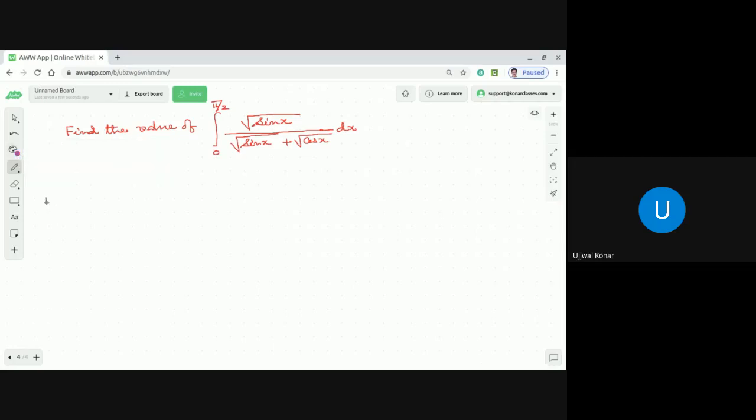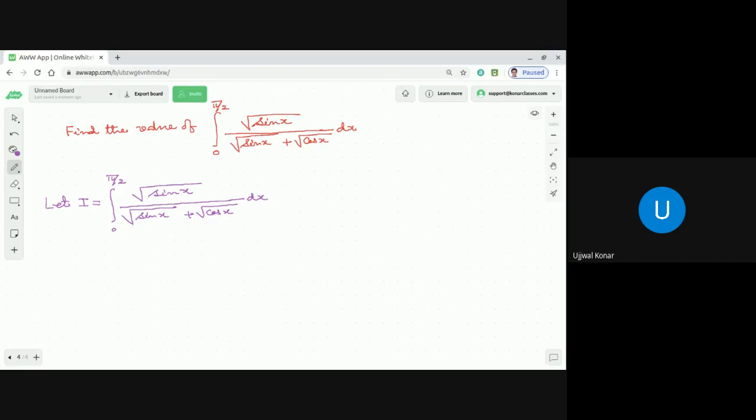Let I be equal to integration 0 to pi by 2 square root of sin x divided by square root of sin x plus square root of cos x dx. Clear, students? We are assuming.